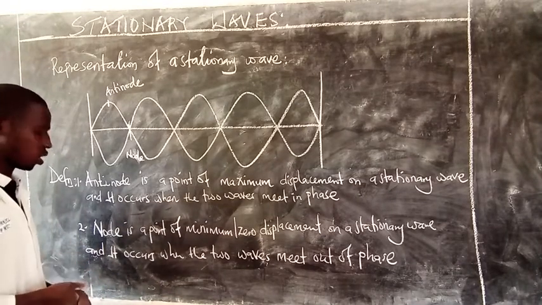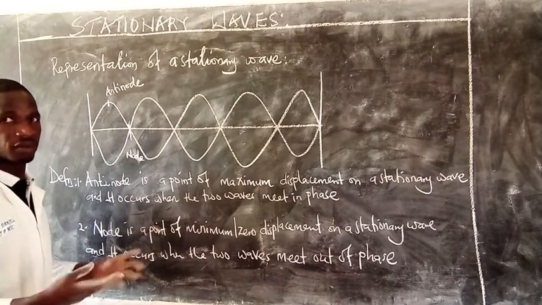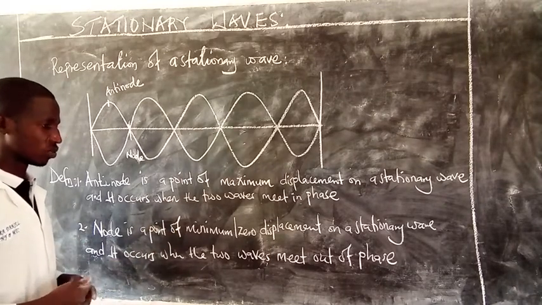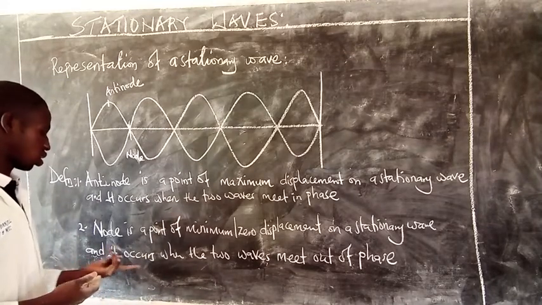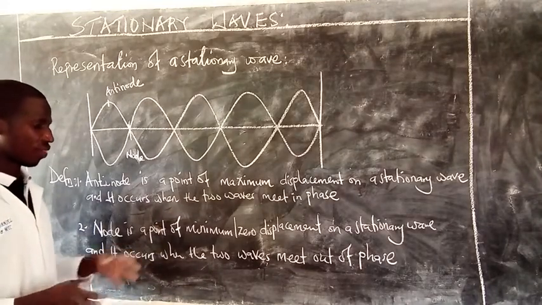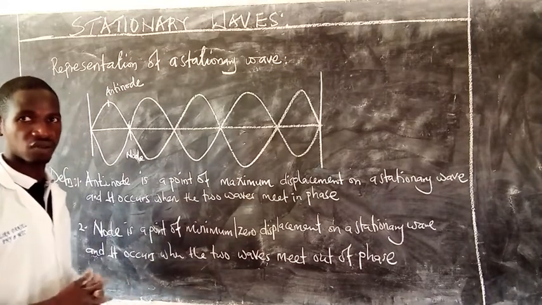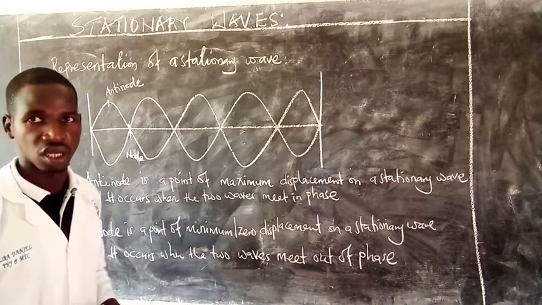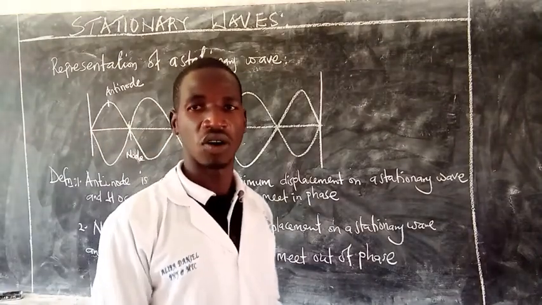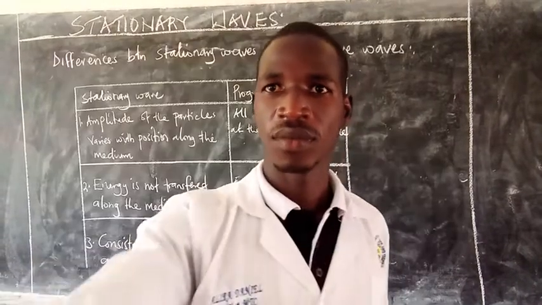Then we have a node. A node is a point of minimum, if not minimum, then zero displacement on a stationary wave, and it occurs when the two waves meet out of what? Out of phase. So that's briefly about representation of stationary waves.